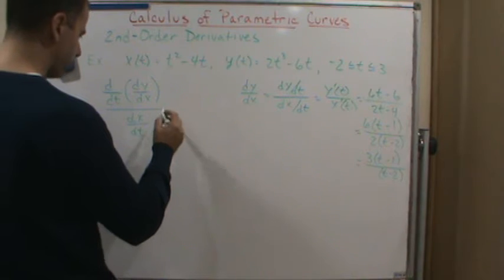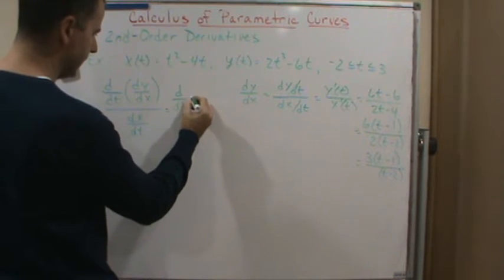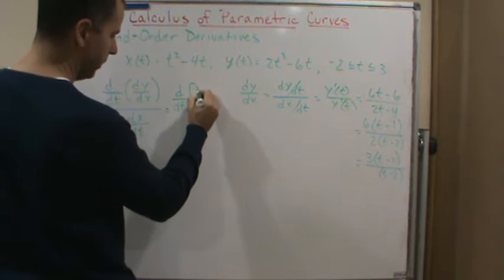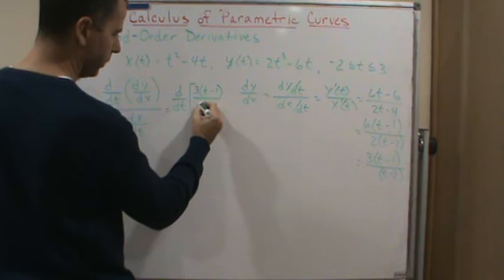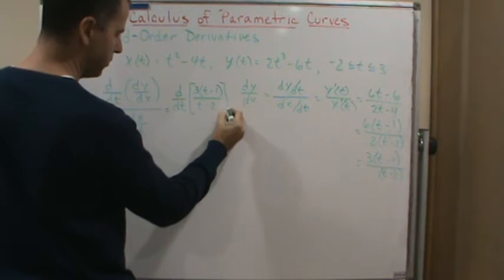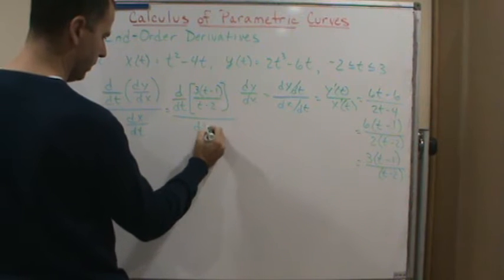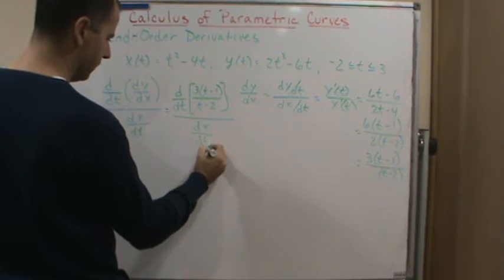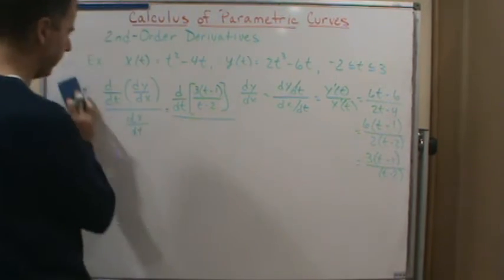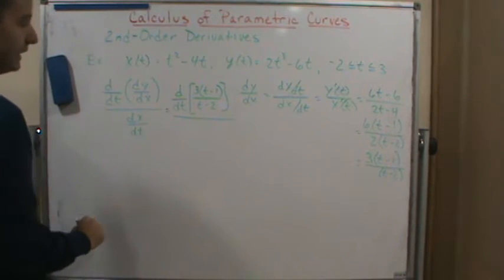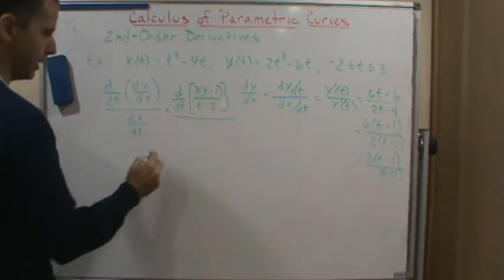So now what we're finding is d/dt of 3 times (t minus 1) over (t minus 2), divided by dx/dt. But dx/dt we already know too. dx/dt is right here, which is 2t minus 4.